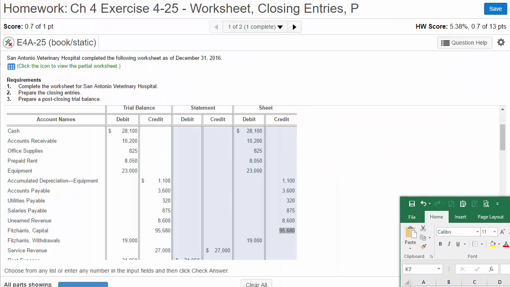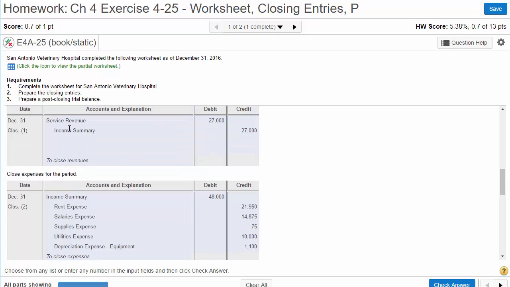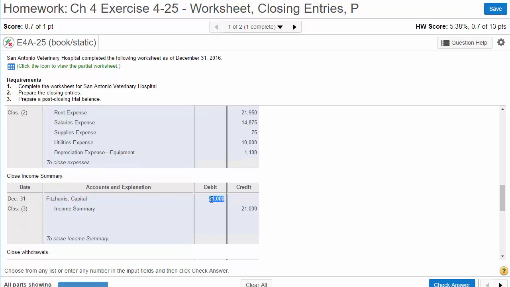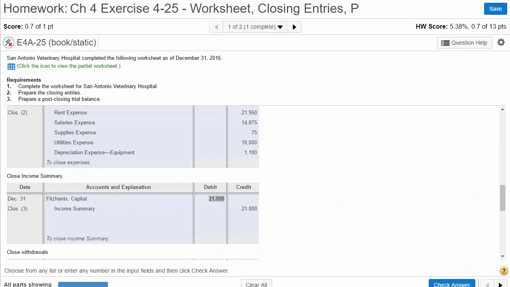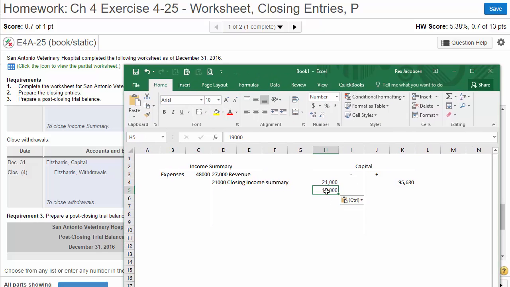Okay. And then we have our journal entries that affected capital. So let's go through our journal entries and find the first one that affected capital. Right here. We've got $21,000 on the other side, because that was a net loss, lowering it. And then we've got 19,000, which were draws.